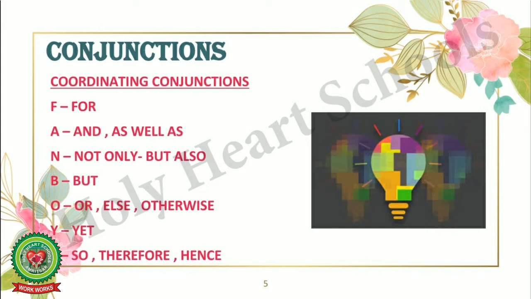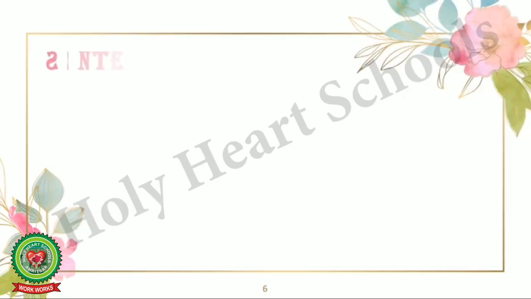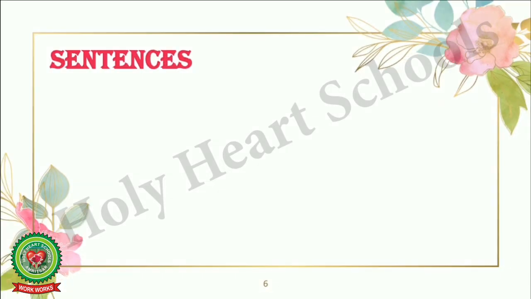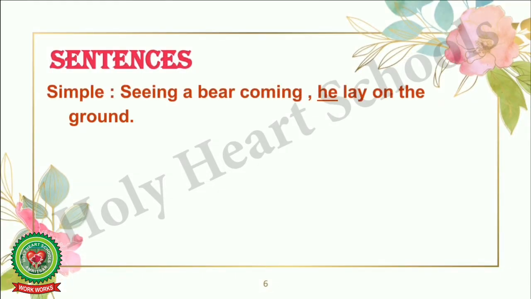Now let's get started and we'll do the sentences now. So our first simple sentence to change it into compound sentence is: seeing a bear coming, he lay on the ground. Now students, here we are talking about two actions where one action happens in continuity with the other. So in such cases, we can use coordinating conjunction, that is and.